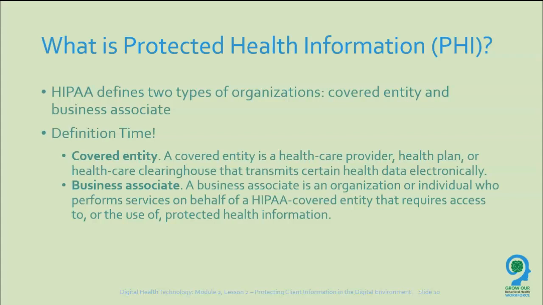A business associate, which is also defined by HIPAA, is an organization or individual who performs services on behalf of a HIPAA-covered entity that requires access to or the use of protected health information.